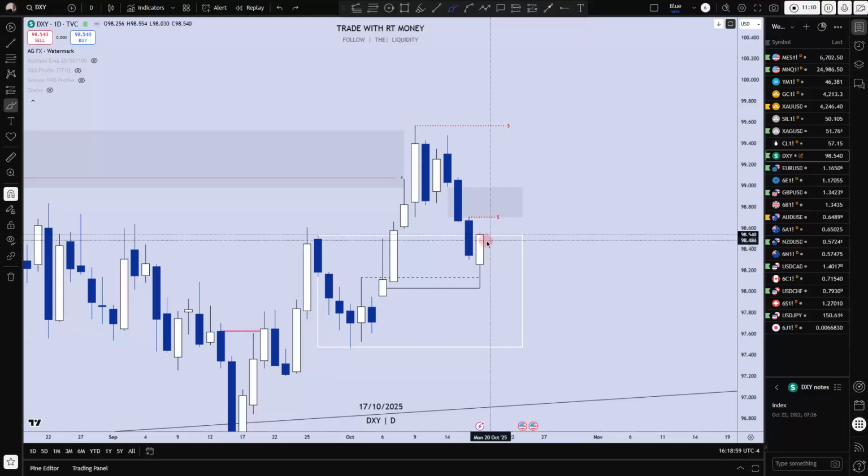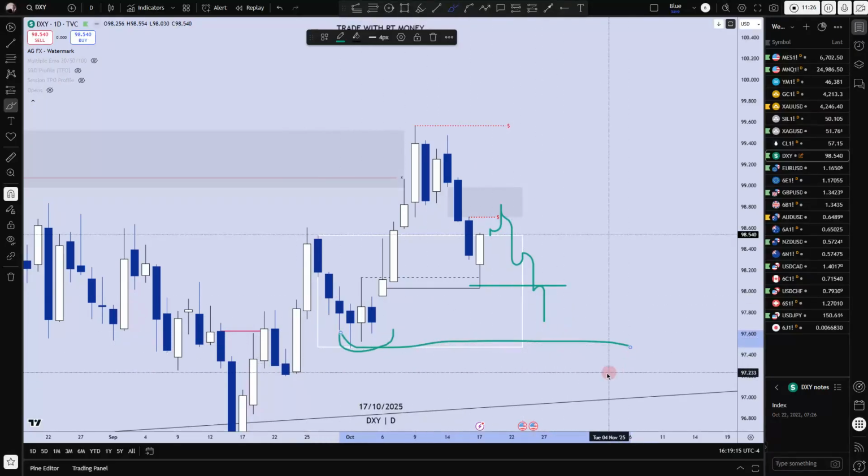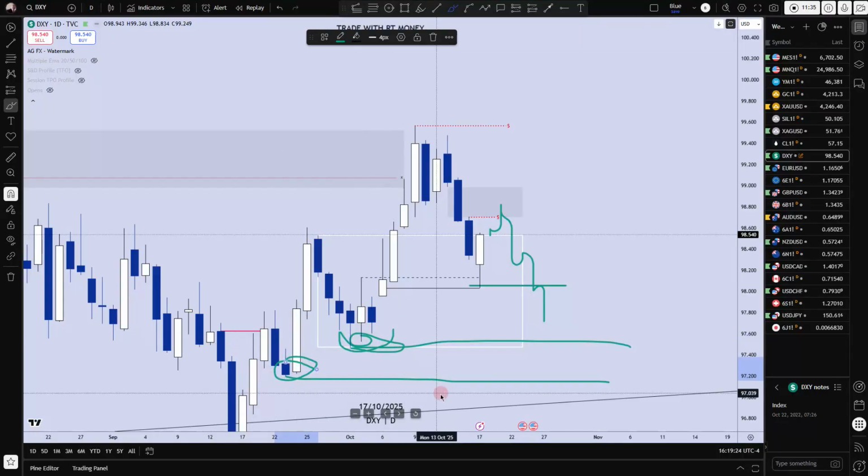Now, there is the possibility that price runs into this bearish fair value gap and we see a break in market structure to the downside. That would leave this low to become the sell side liquidity target, and that would allow us to think of taking out these two lows here, here.